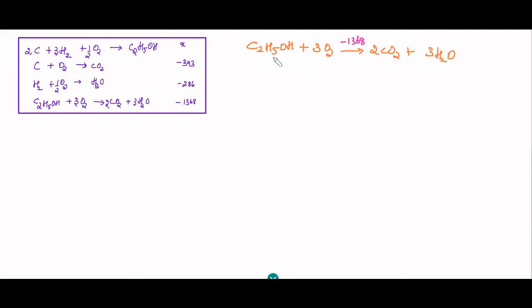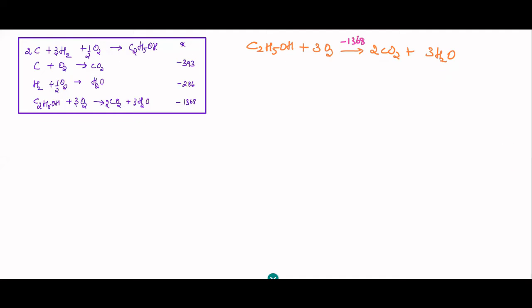To avoid confusion at a later point of time, I'll start off with the side having more compounds. On my left hand side I have only one compound, but on my right hand side I have carbon dioxide as well as water. Because the product side has more compounds, I'll first focus on that side.